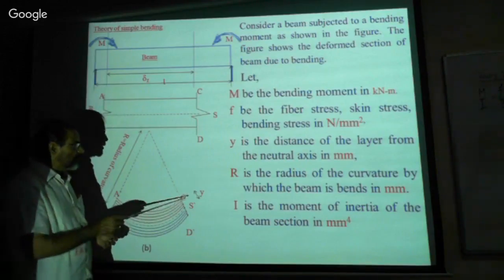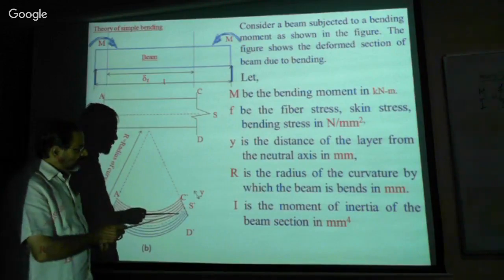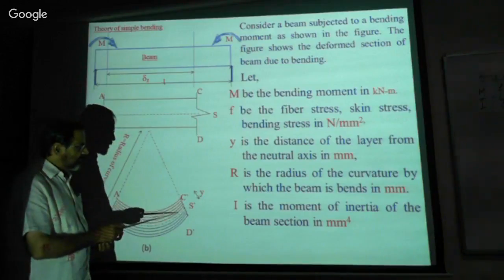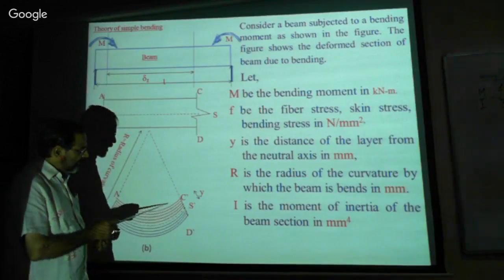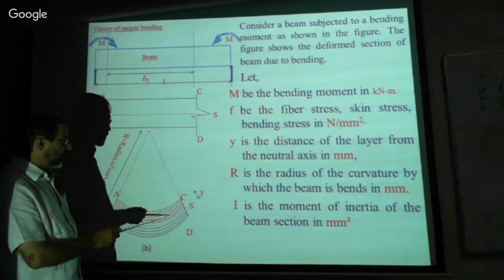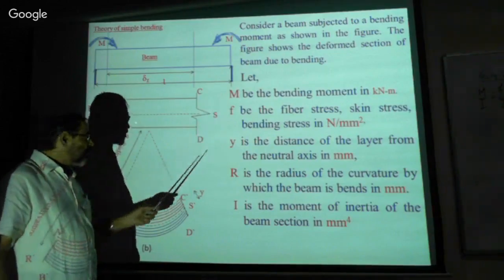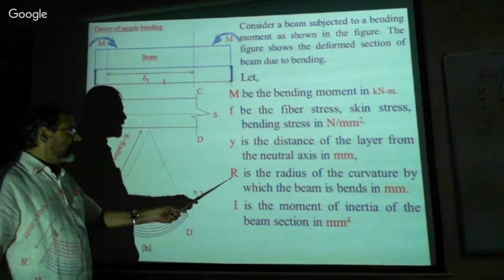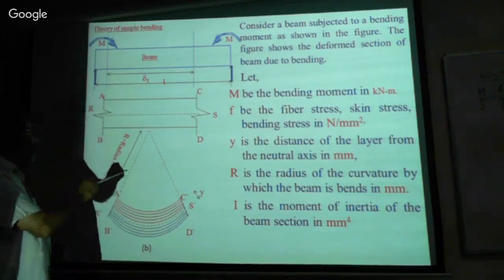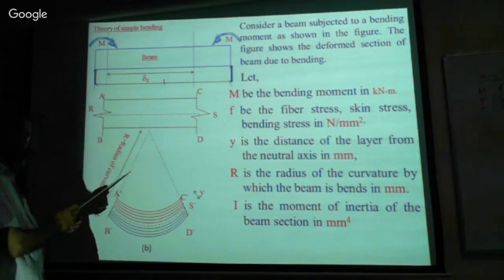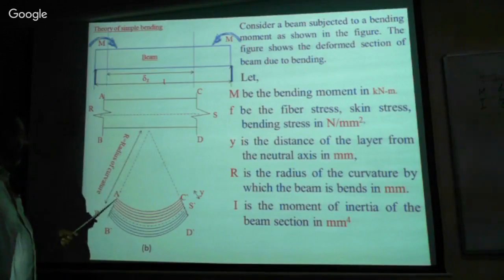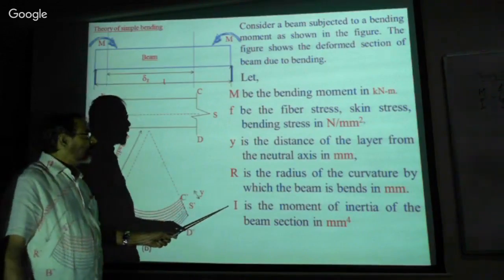Now we can find out the stress induced in any layer. Y is the distance to the layer from the neutral axis, R is the radius of curvature through which the beam bends, and I is the moment of inertia.